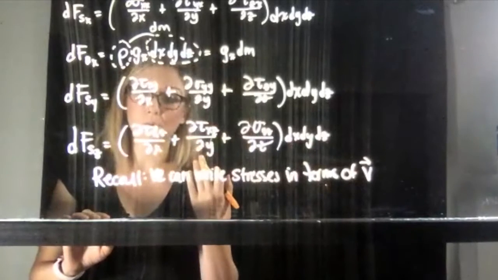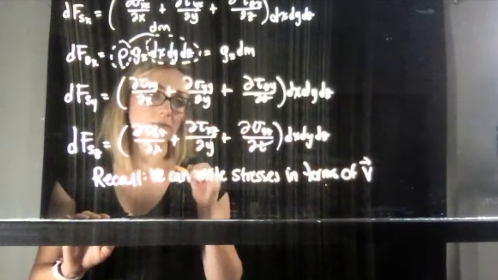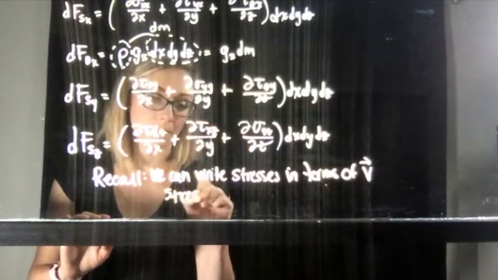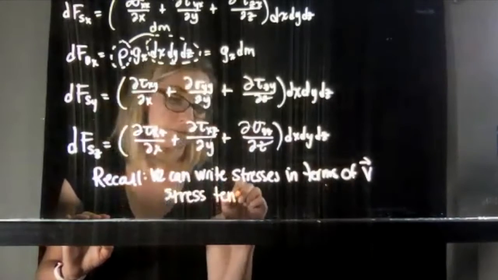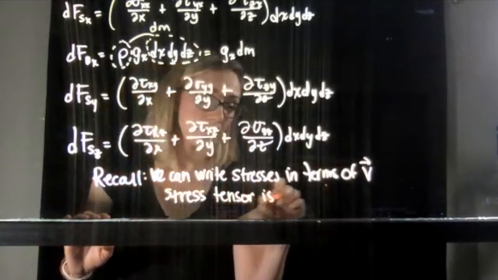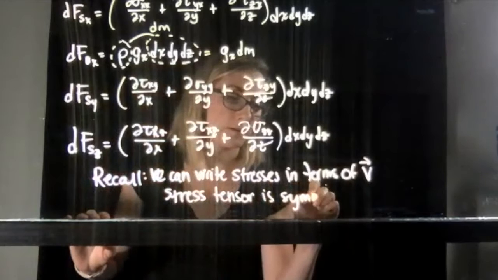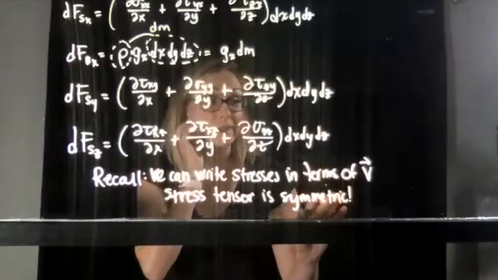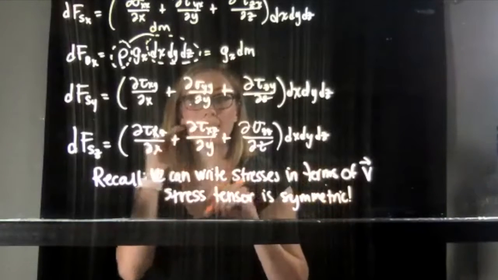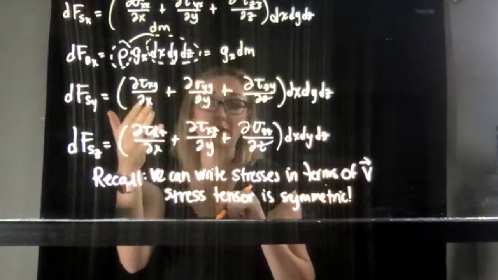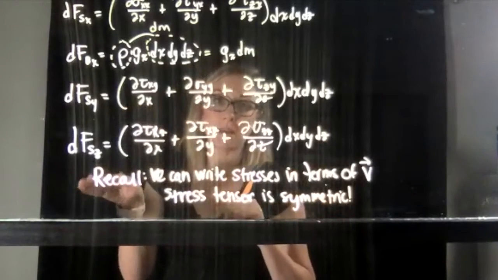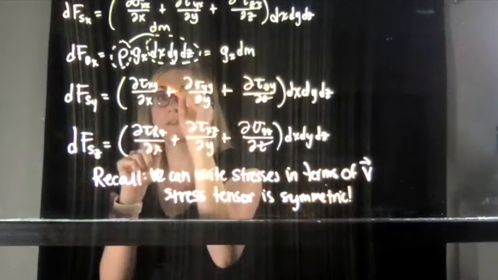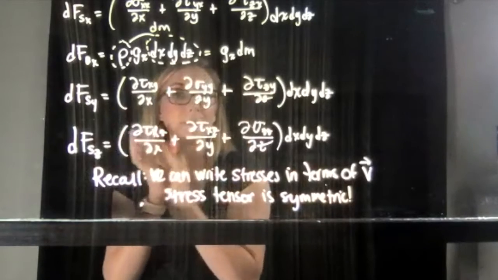And then of course, it's also important to note here that the stress tensor is itself symmetric. Okay, and that's important because that means that we can say that tau xy is the exact same thing as tau yx. So the index here, the x and y and x, it means the exact same thing.